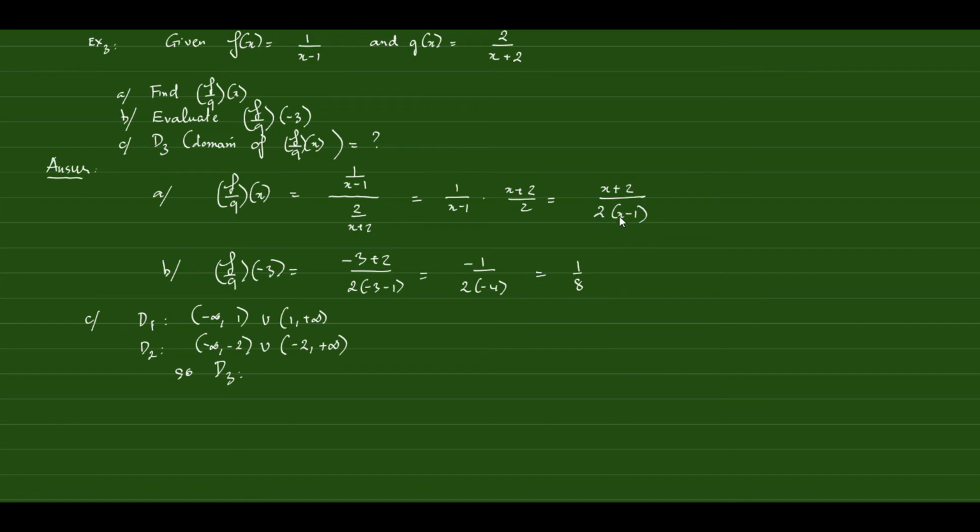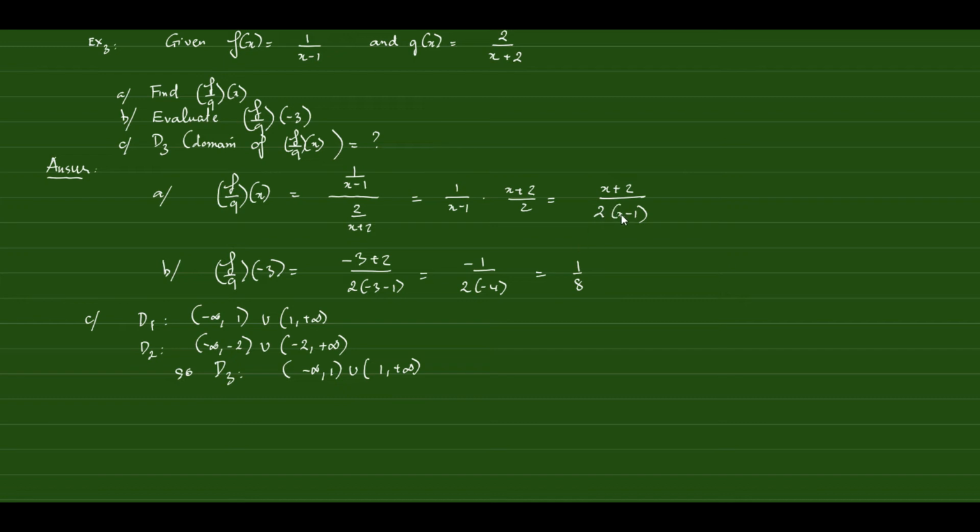So at 1 it's not defined, because 1 minus 1 is 0, and it's in the denominator here. So the domain of the quotient will be -3 to 1 union 1 to positive infinity. The reason I did not exclude -2 is that at -2 it still works. It does not work in the second function, but it still works here, because everything is good.